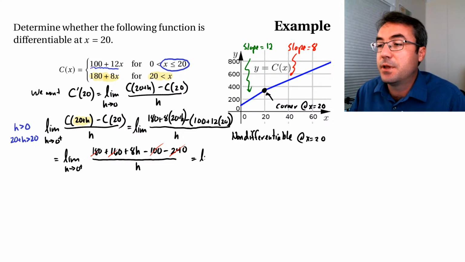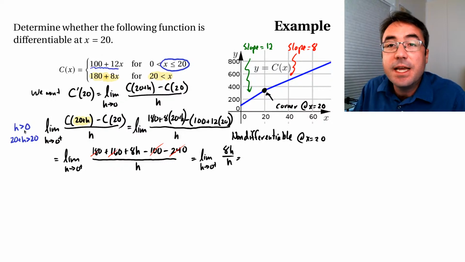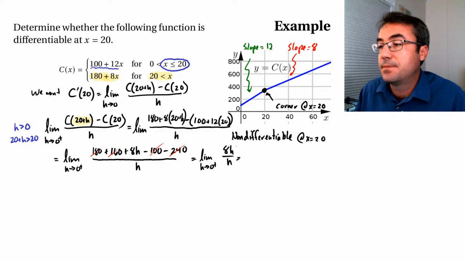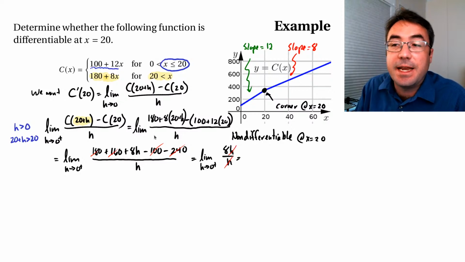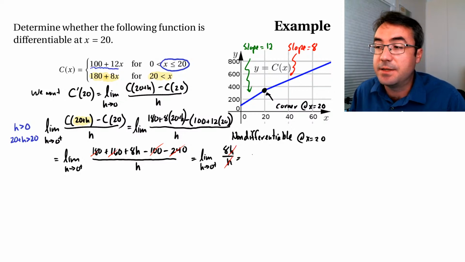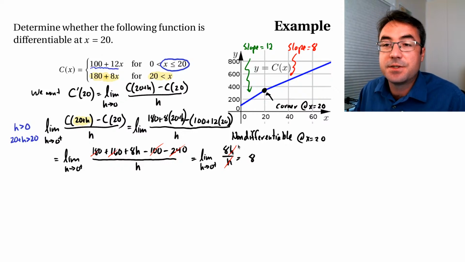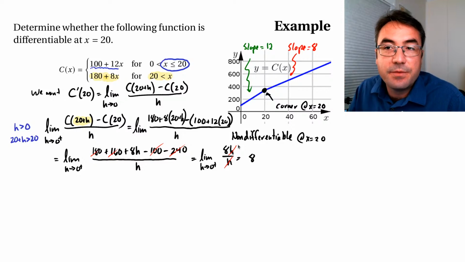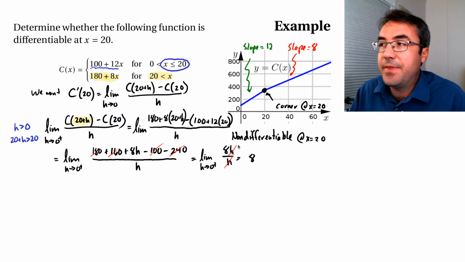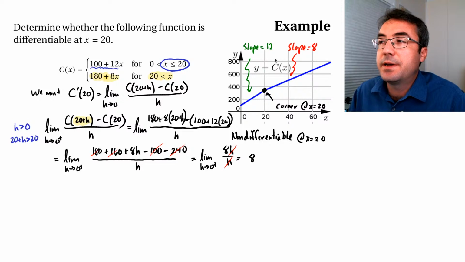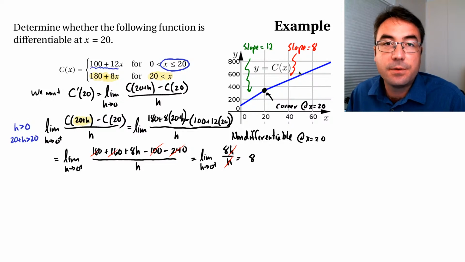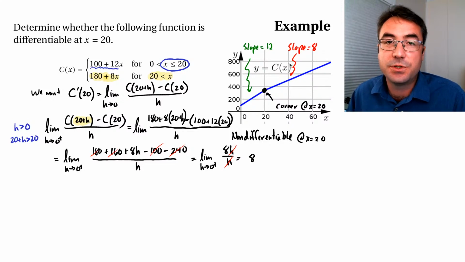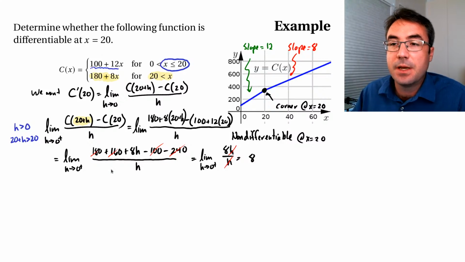So we're left with the limit as h goes to 0 from the right of 8h over h. The h's cancel, so we're left with just an 8, and the limit of 8 is 8. So this is our right side derivative, and that confirms what we saw with graphical inspection: the slope was just 8 on the right.